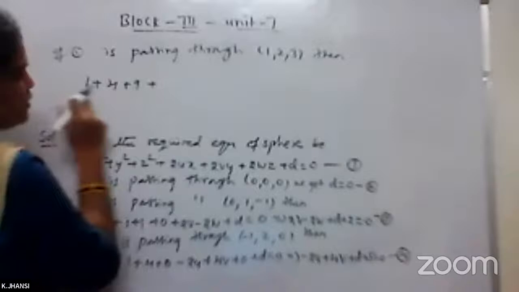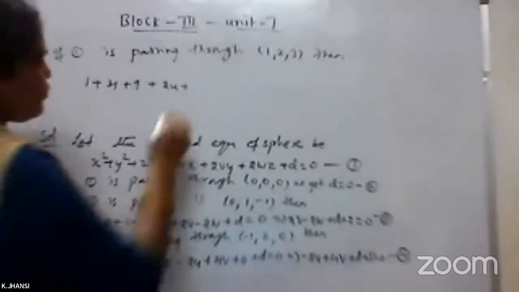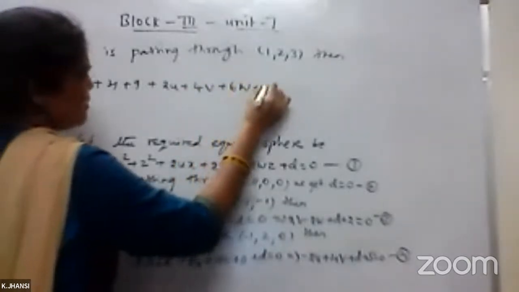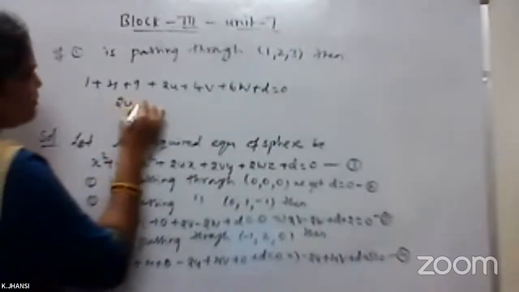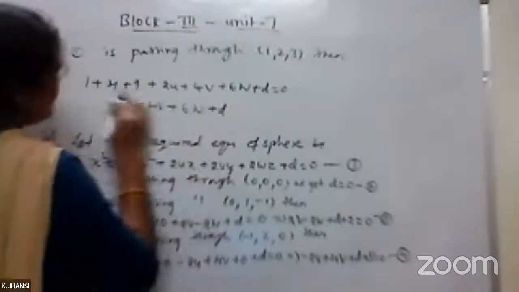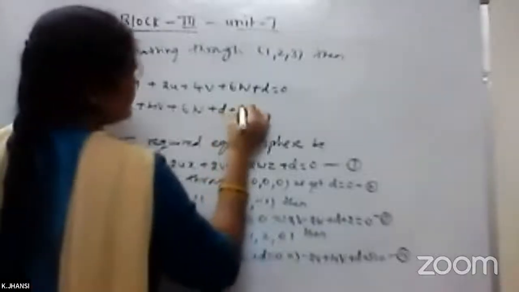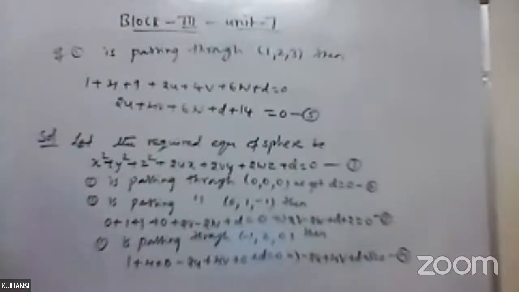Your x value is 1 now, so you'll get 2u, plus 2 2s are 4v, next 2 3s are 6w plus d equals to 0. When you simplify this, 2u plus 4v plus 6w plus d, this is 9 plus 1 plus 4, that is 14, equals to 0, and this is the fifth equation.